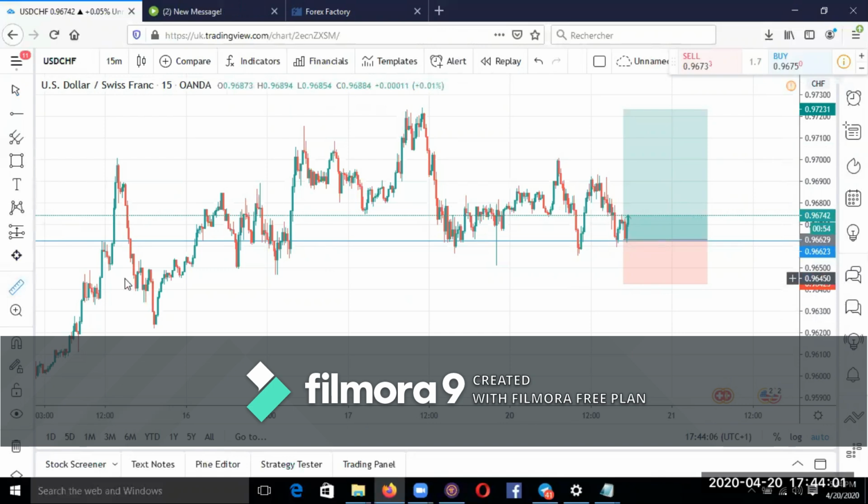A pip is the movement made by a candlestick either upward or downward, right? So if you're anticipating a trade to go bullish, it means that, oh, I just remembered something.